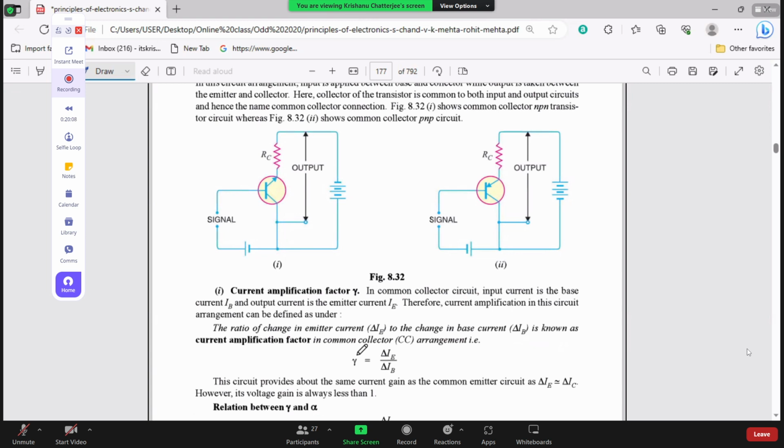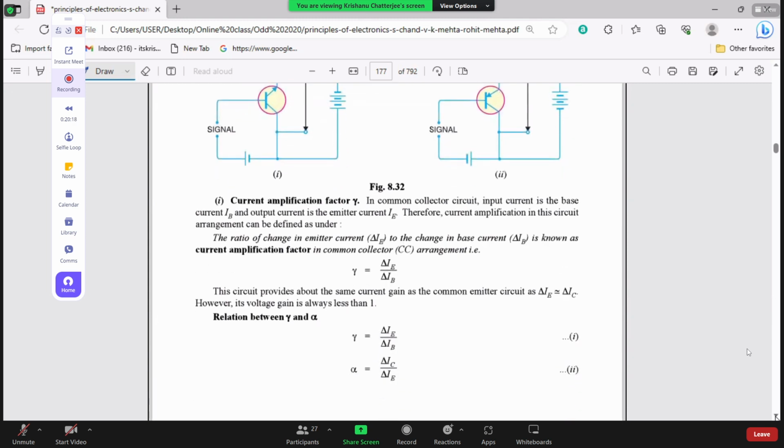Just like the relation between beta and alpha, there will be a relation between alpha and gamma also. In the same way, gamma equals delta IE by delta IB, and alpha equals delta IC by delta IE.